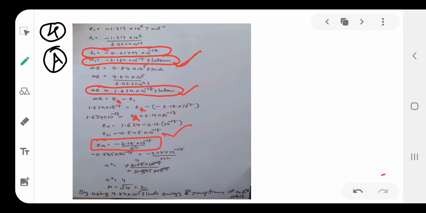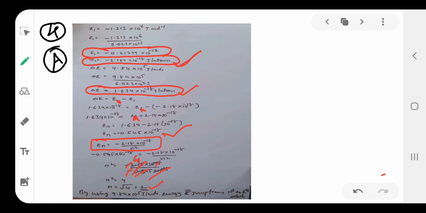Separating n square, the value comes to the denominator. The minus cancels. 2.18 divided by 0.545 is 4 times, and 10 power minus 18 cancels. Therefore n square is equal to 4, and n is equal to the square root of 4, which is 2.